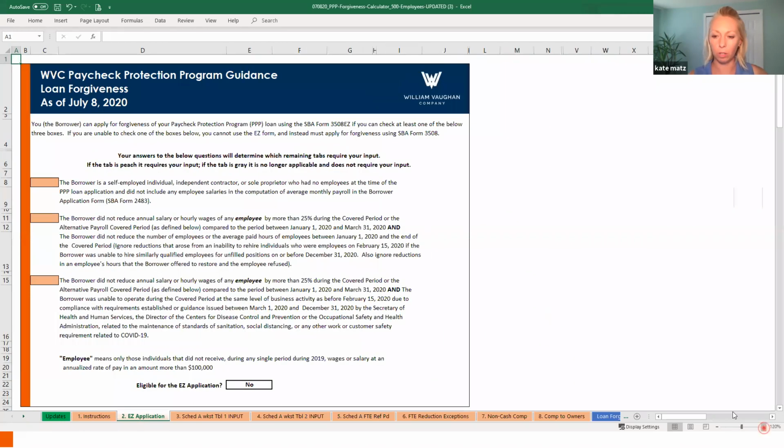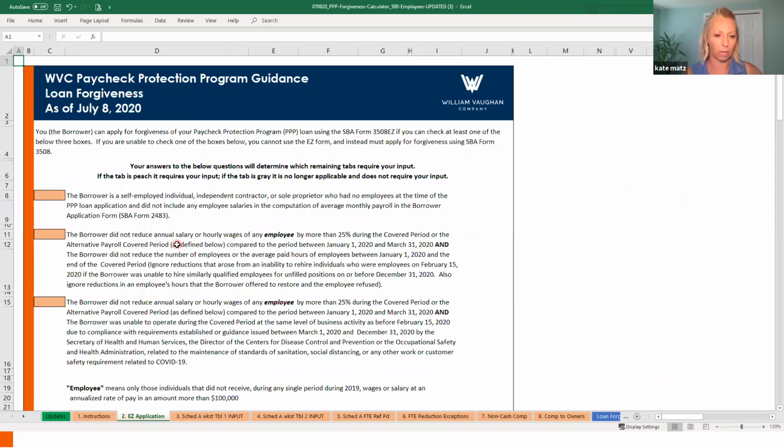And again, tab 2 is our easy application criteria tab. This includes each of the 3 criteria to determine if you're eligible for the easy application. We're going to assume that the answer is no for today, and actually our fact pattern for Company C tells us that.